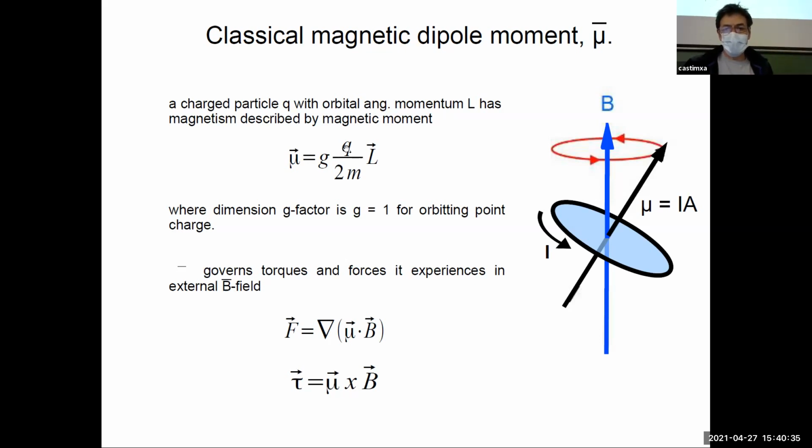You see it involves the charge of the particle, because if it wasn't charged, there would be no current, no magnetic field. It involves the mass of the particle.